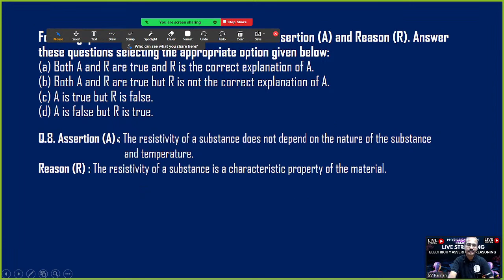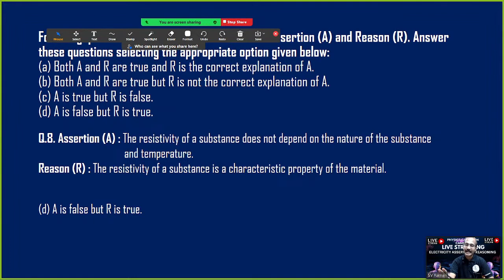Next question. The resistivity of a substance does not depend on the nature of the substance and temperature. The resistivity of a substance is a characteristic property of a material. The first one is false. Resistivity of a substance depends on the nature of the material.